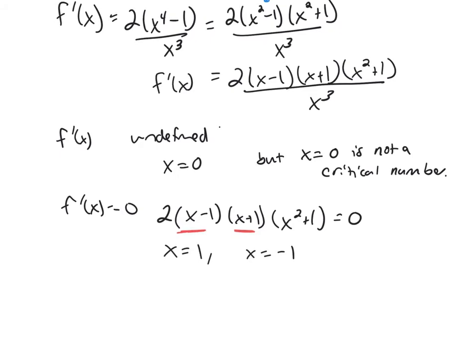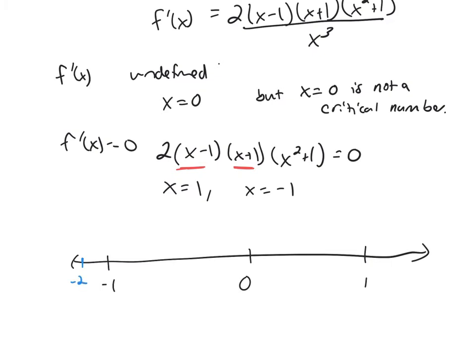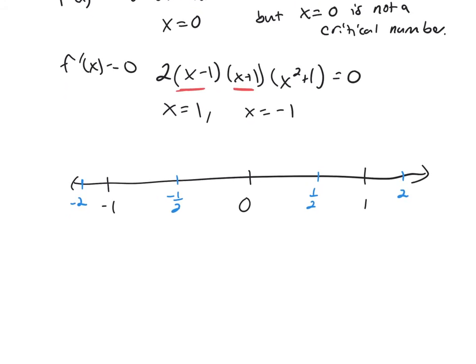So on my number line, I need to mark all three of these numbers: negative 1, 0, and 1. And again, you're going to have these 4 intervals, and you're going to have to pick test numbers. So pick negative 2, negative 1/2, 1/2, and a number bigger than 1. Let's pick 2 and plug them into our derivative and see what the sign is.